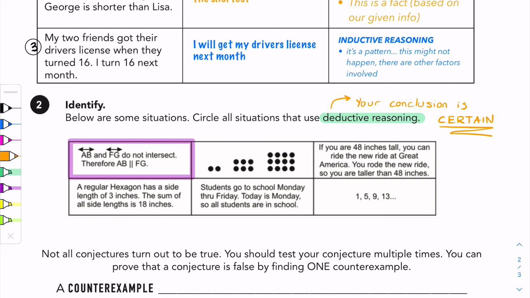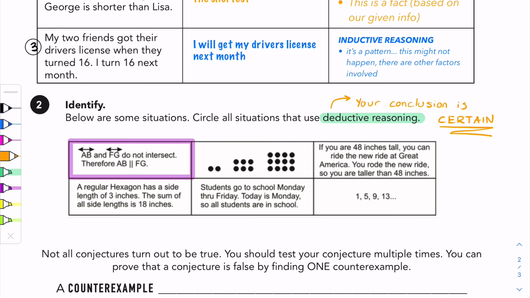So if we think back to Unit 1, this one might be a little difficult to remember, but we went over this type of line called skew lines, and skew lines are lines that do not intersect because they are on different planes. And when I explained this to you, I explained it as the floor of the classroom and then the ceiling of the classroom.